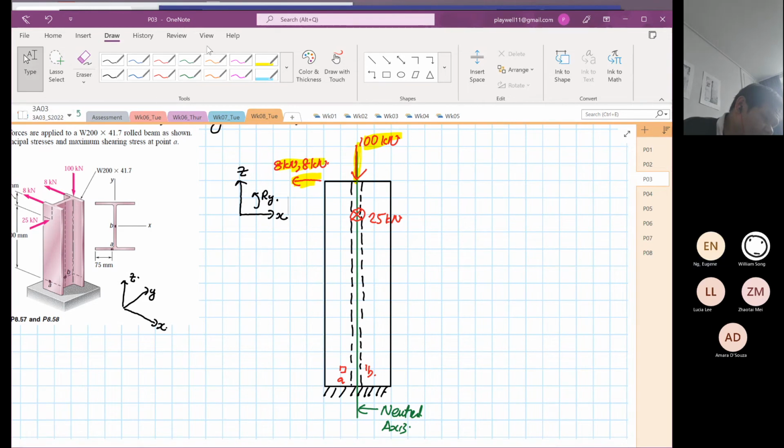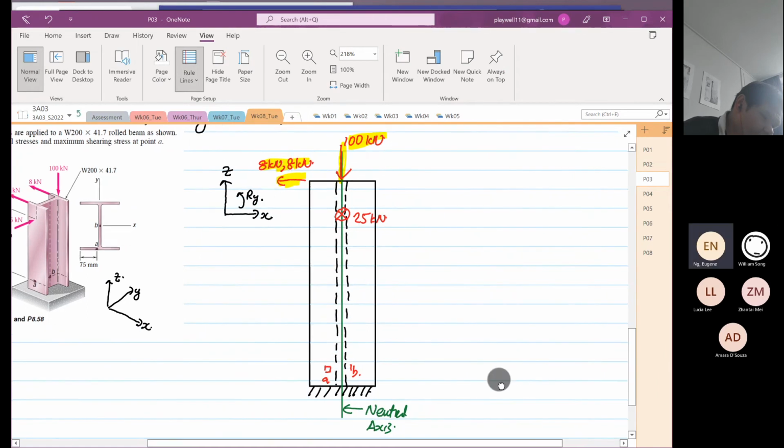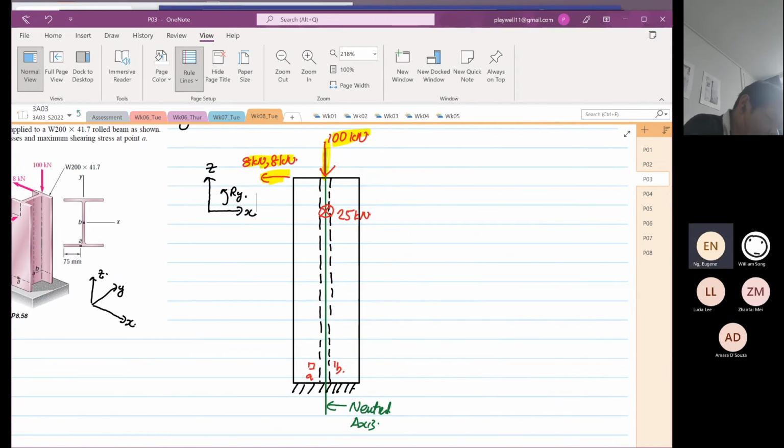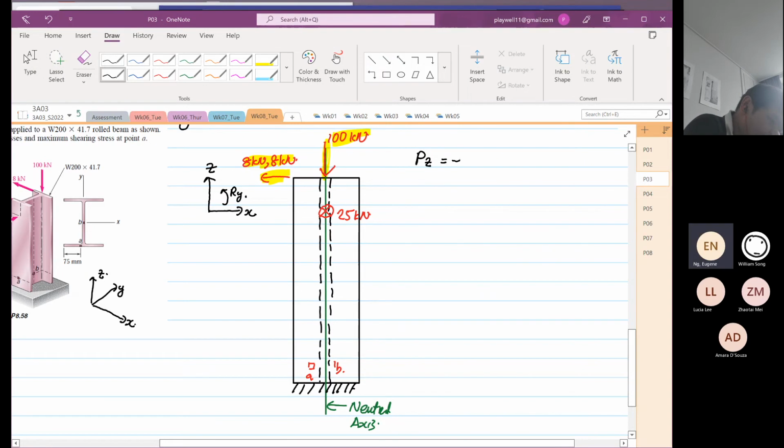Okay, so now we start. The first thing we're going to do, we know that PZ is equal to minus 100 times 10 to the power 3 Newton.